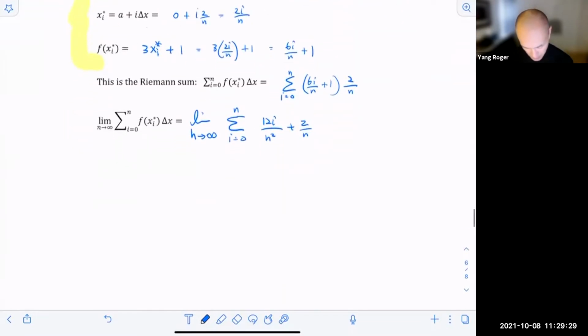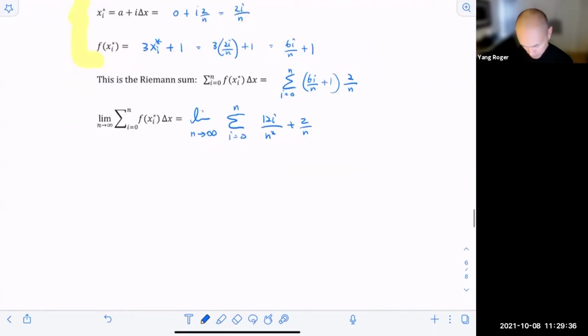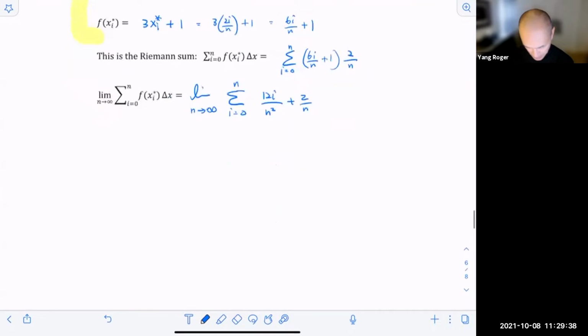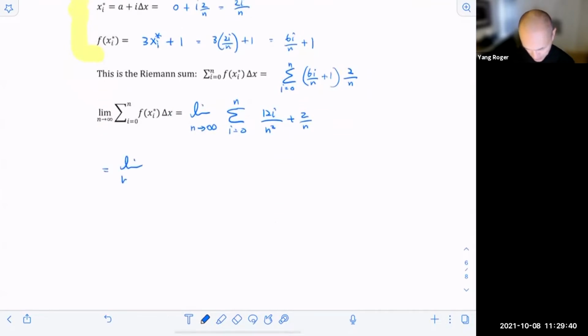Okay. And then we want to split this up. So we can write this guy as the limit as n goes to infinity. This is the summation. We can factor out the constant first. So I'll write a couple lines to split it up. So it'll be the summation as i goes from 0 to n, 12i over n squared plus the summation as i goes from 1 to n, 2 over n.